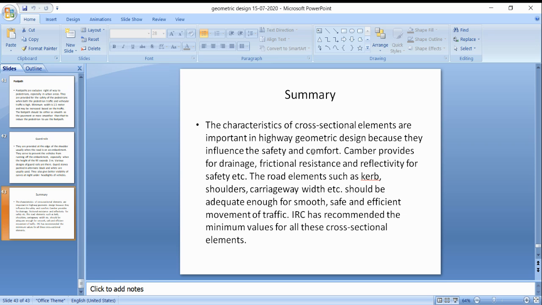Because after constructing the road, the cost of land will become much more uneconomical, and we could not get that land. So for that purpose only we have to acquire more land beforehand.